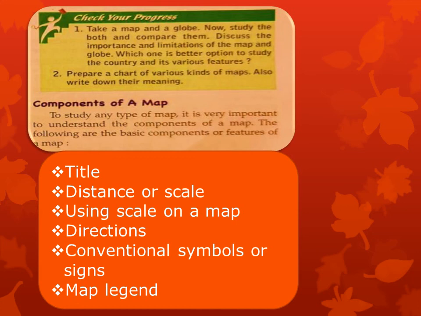So the basic components or features of a map are title, distance or scale, using scale on a map, directions, conventional symbols or signs, and map legend. So these are the components of a map.